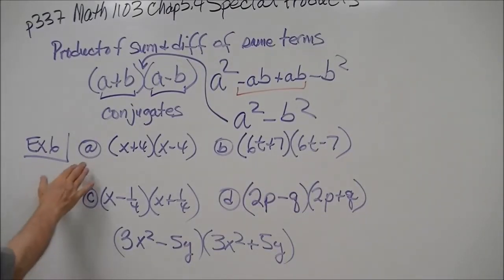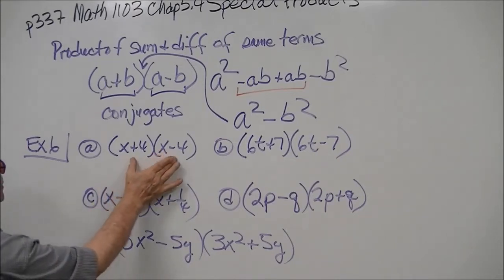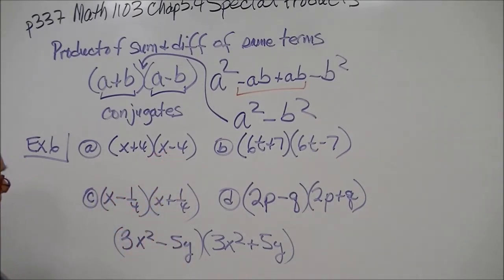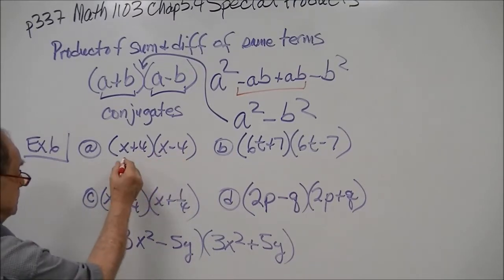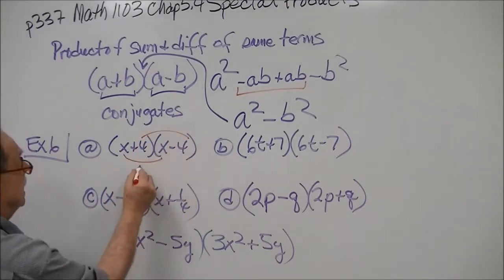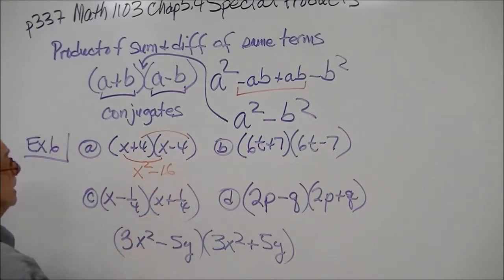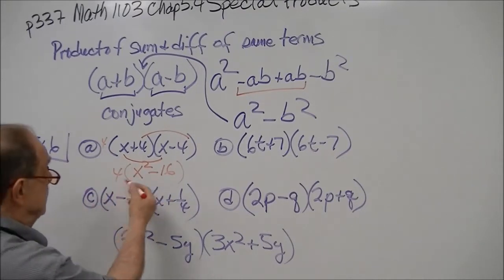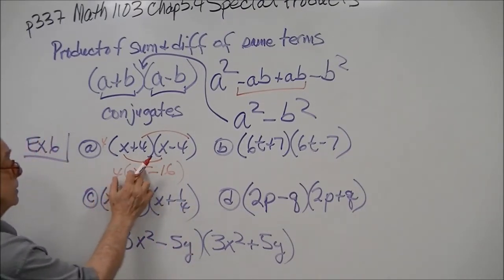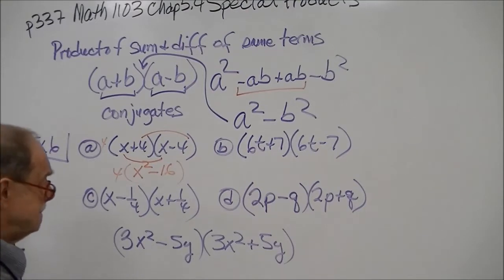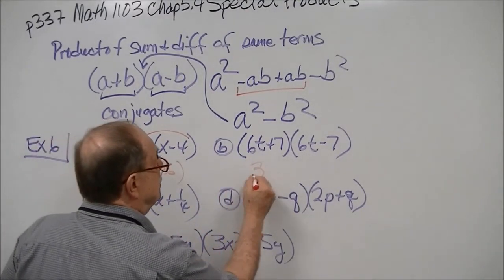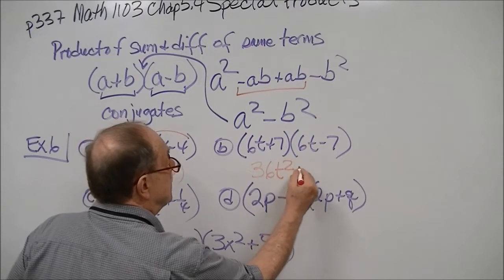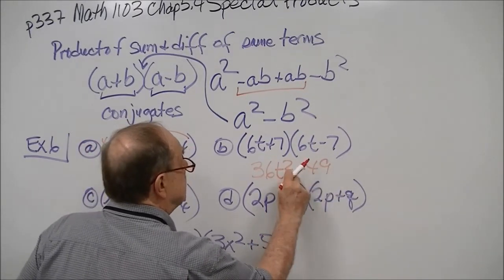Okay, now I modified A a little bit. They had a 4 stuck in there, and later you would just have to multiply by 4, but I wanted you to see these conjugates. Remember, there's no middle term, so we're just multiplying these: x squared minus 16. Then we would multiply it by the 4, and that would be 4x squared minus 64. But this would be 36t squared minus 49.